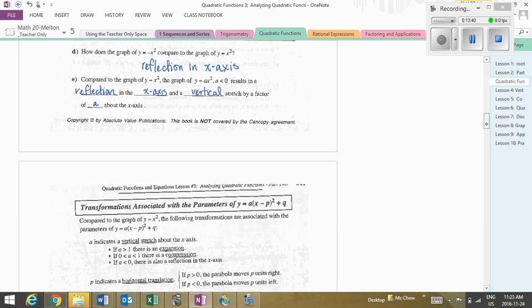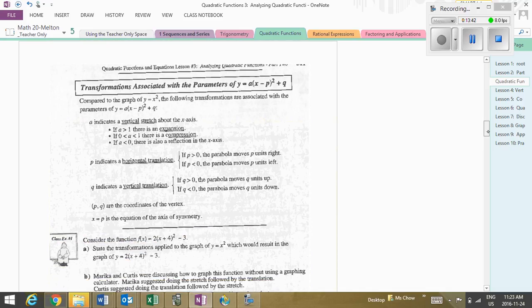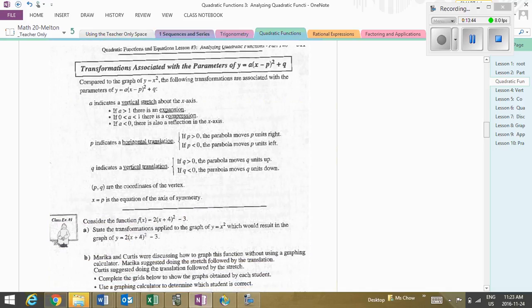So if we now take a look, this next bit here is essentially just our summary. If we're looking at putting all of these pieces together with A and P and Q, then these are all of the pieces that we need to consider.